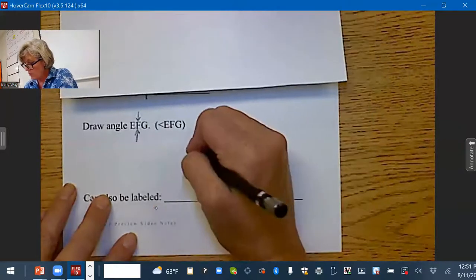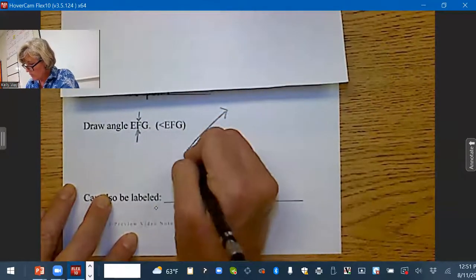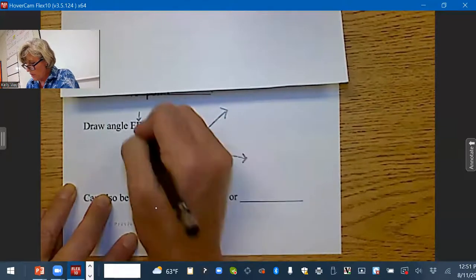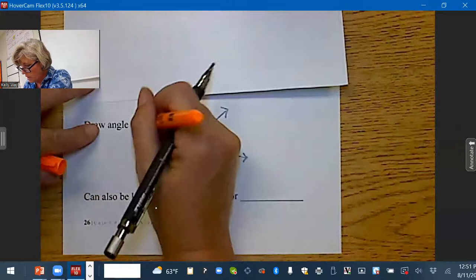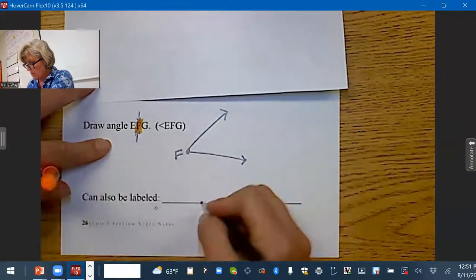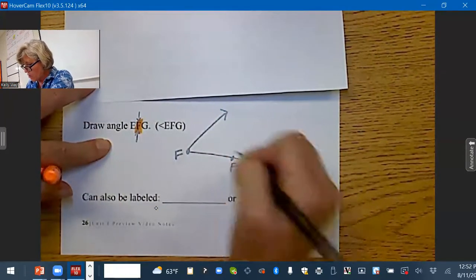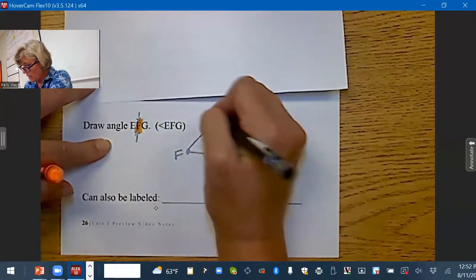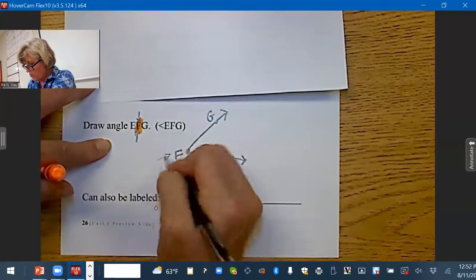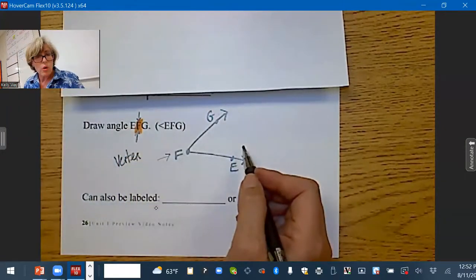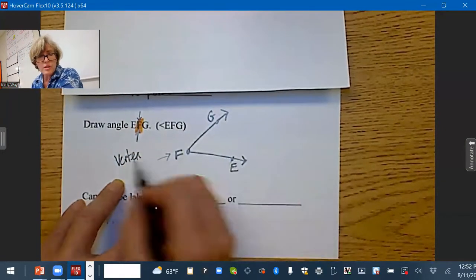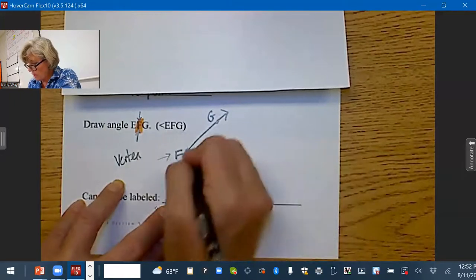So angle, 2 rays, common endpoint. F must be the middle because F is the hinge. And where the E and G goes, it does not matter. But F is what we call the vertex. So we can label this angle EFG.